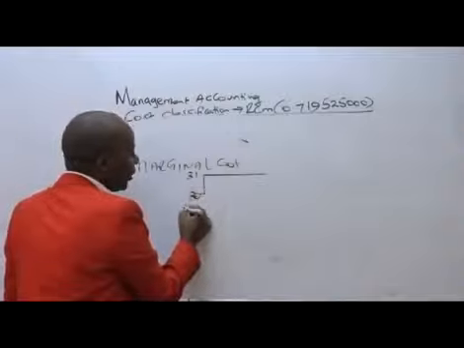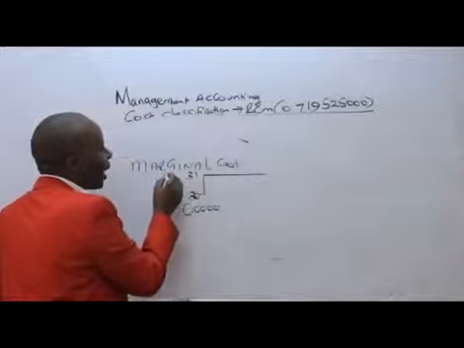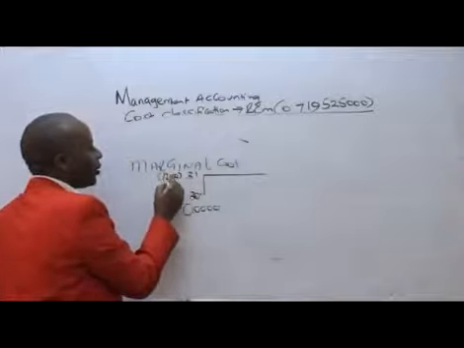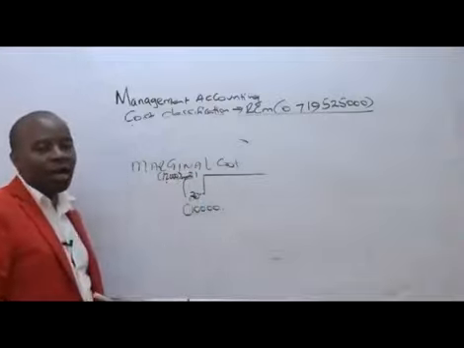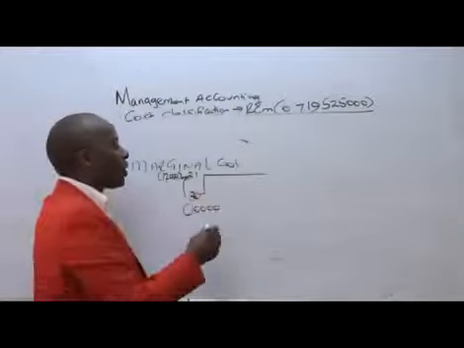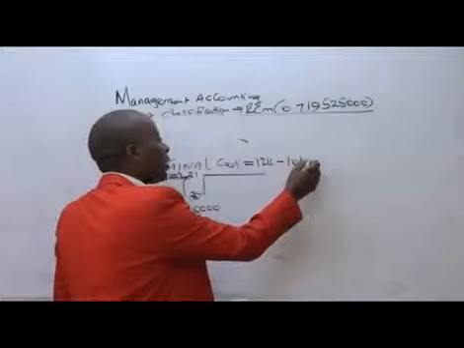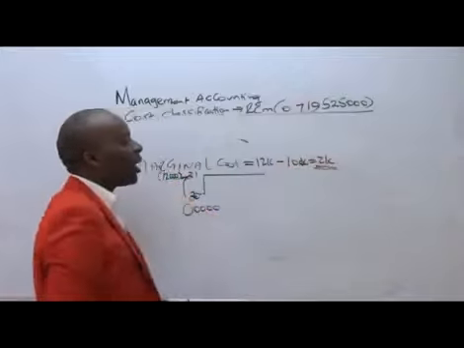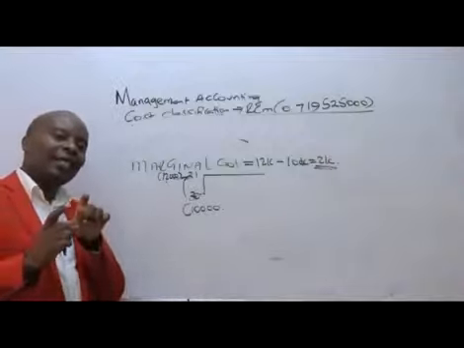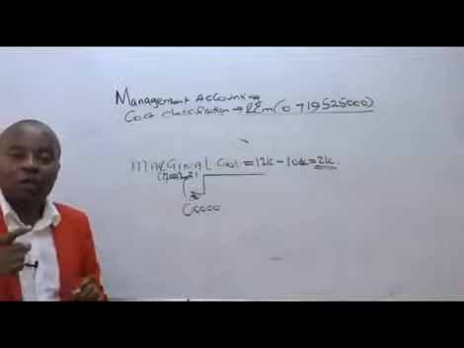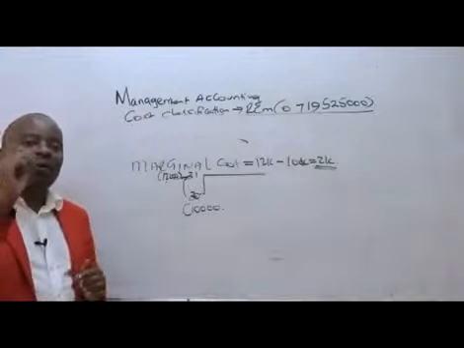If these 30 units were costing us 10,000, and the 31 units are costing us 12,000, then the incremental cost from 30 to 31, that incremental cost of 2,000 bob, which is 12,000 minus 10,000, this additional cost of 2,000 is what we are calling the marginal cost. Marginal cost is the incremental cost. By how much will our cost increase should we increase our production by just 1 unit?